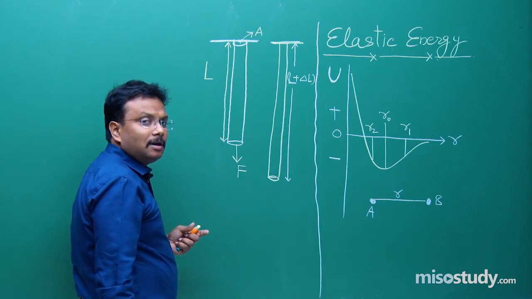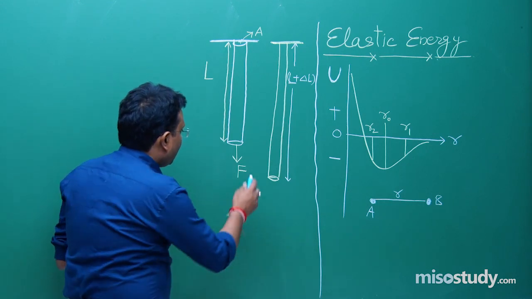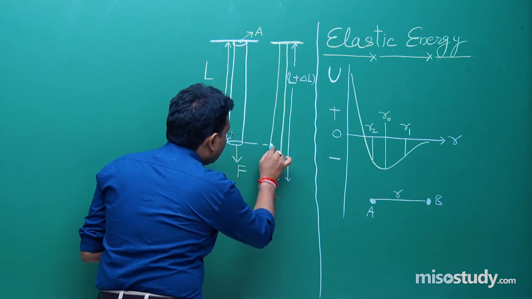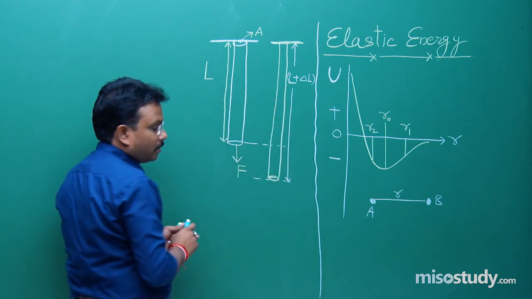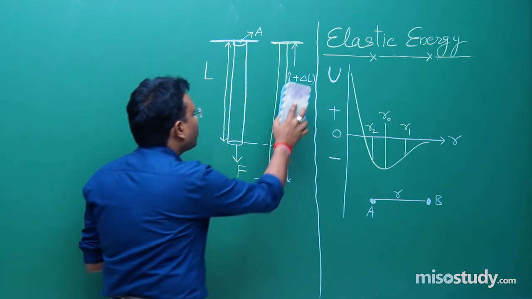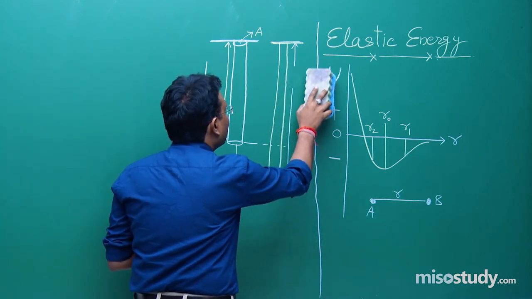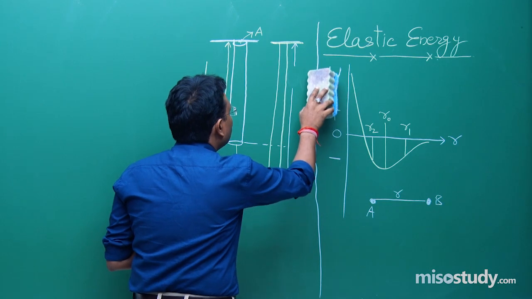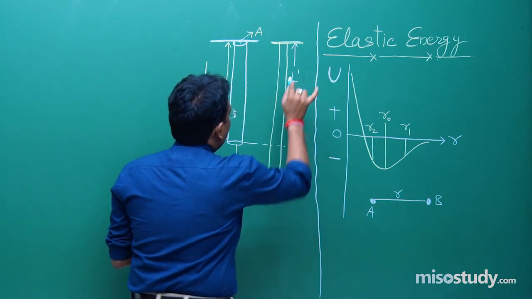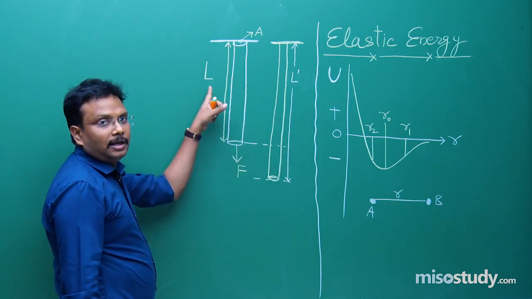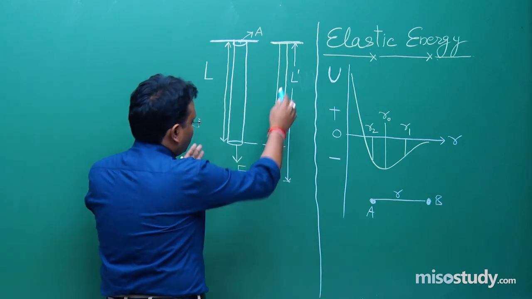Obviously the area will vary, and let us say this difference in length is, I think I should not mention it over here, simply say it is L prime, otherwise few people will get confused. Let us say L prime, and one thing is clear, L prime is more than L, very clear from this diagram.